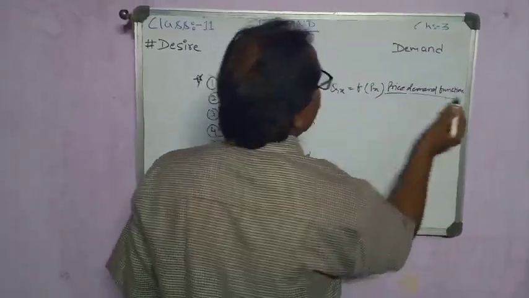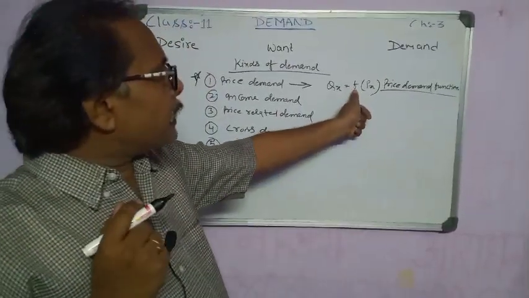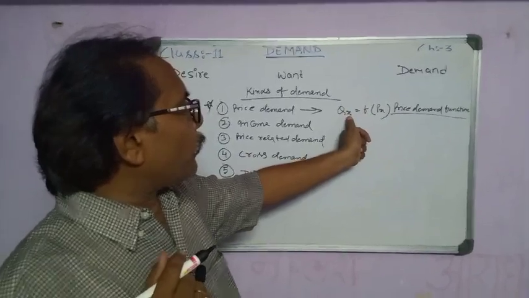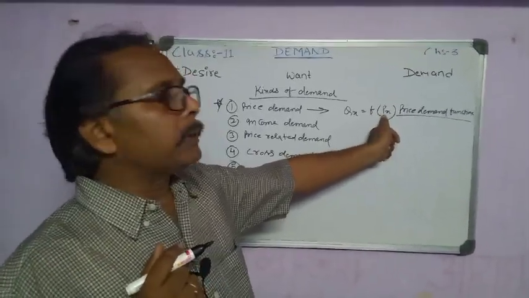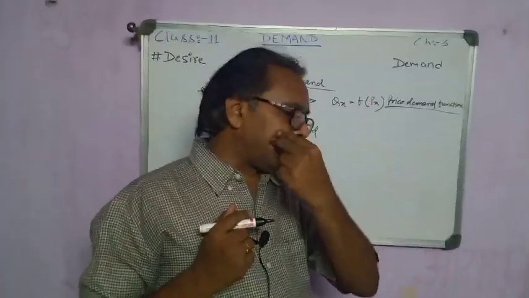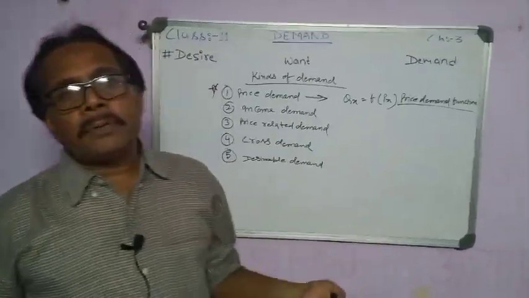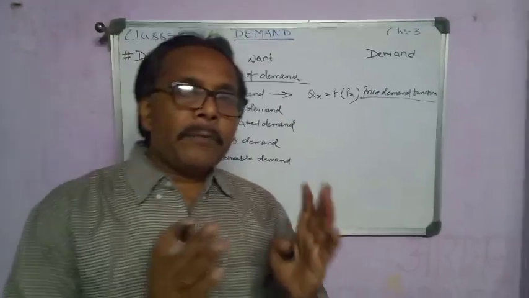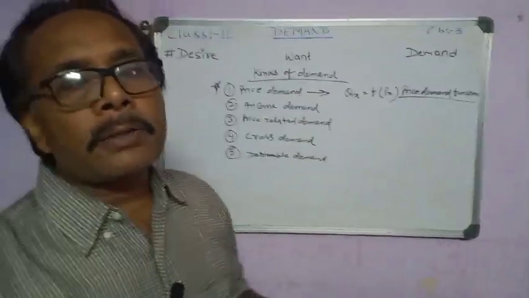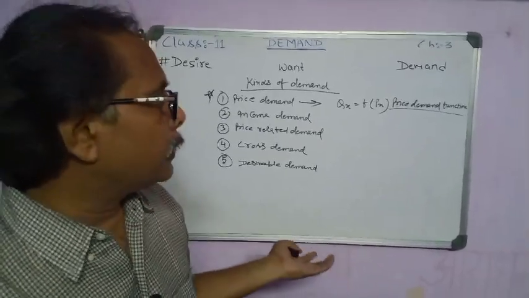In other words, we can say it is a functional relation between quantity of x commodity and the price of x commodity. In other words, we can say a consumer is willing to buy different possible combinations of commodities at different possible prices.